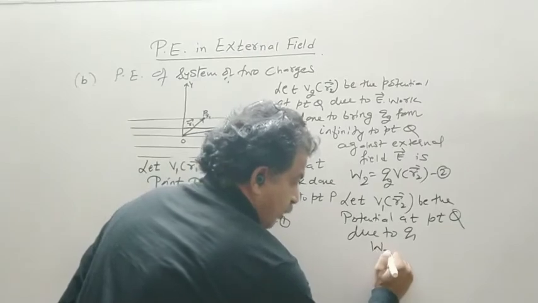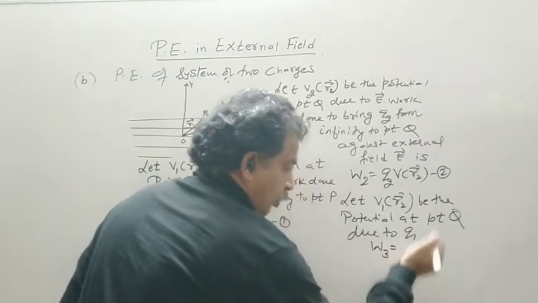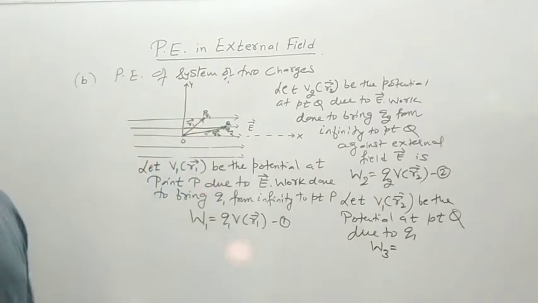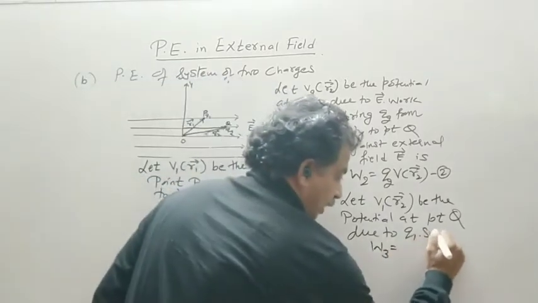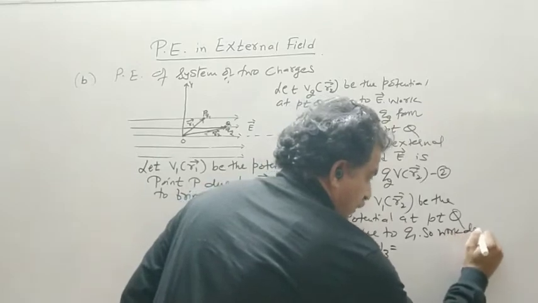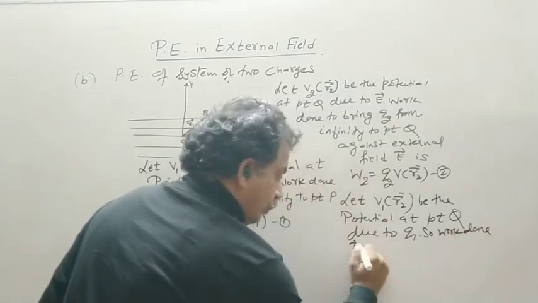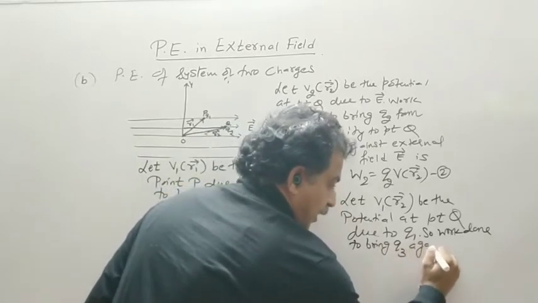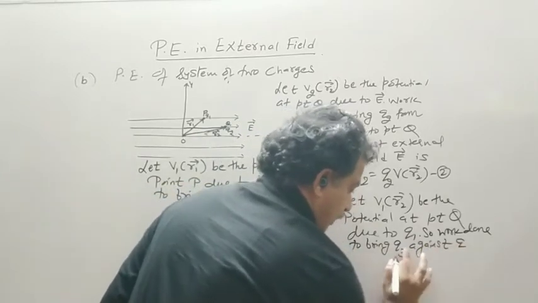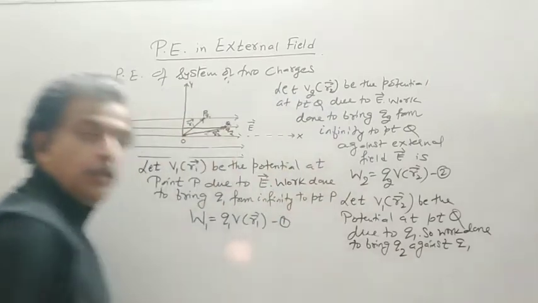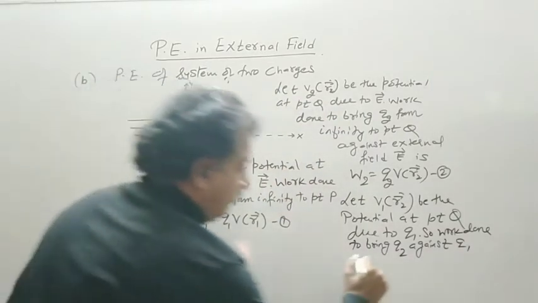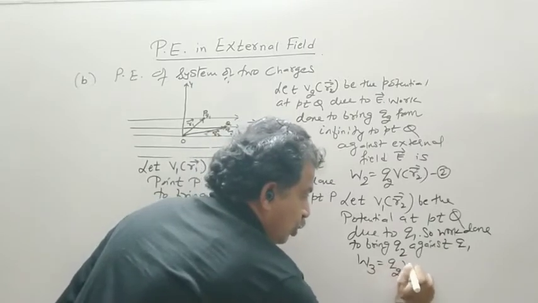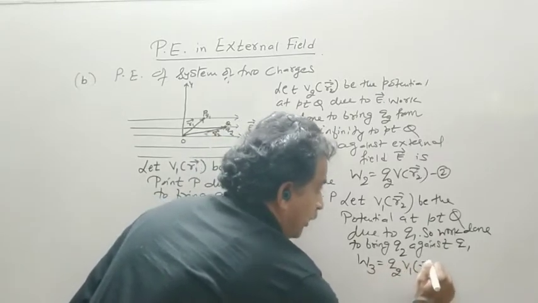So work done will be equal to, now instead of 1 coulomb I brought Q2. So work done to bring Q2 against Q1 will be W3 is equal to Q2 V1(R2).